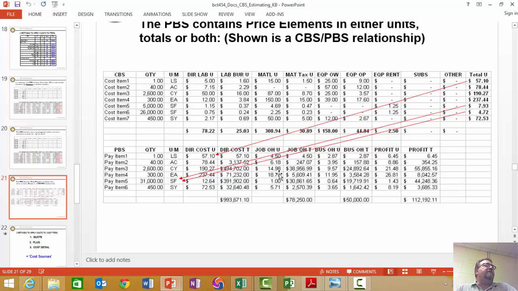Are they direct cost or are they job overhead? Why? We're talking about one project. You're real close, though. Boy, you're close. They're working on different items. How do you know how to charge a project manager's time to any specific cost item?